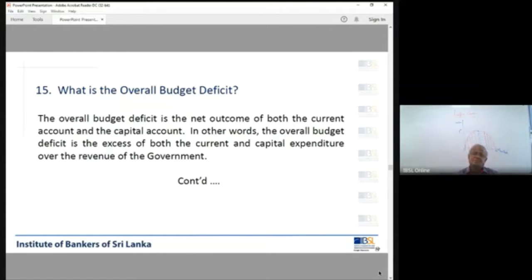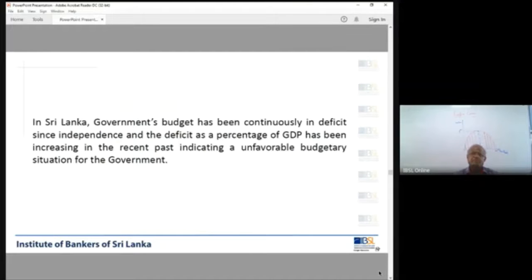Budget deficit. In Sri Lanka, the government's budget has been continuously in deficit since independence, and the deficit as a percentage has been increasing in the recent past, indicating an unfavorable budgetary situation for the government. It is increasing.